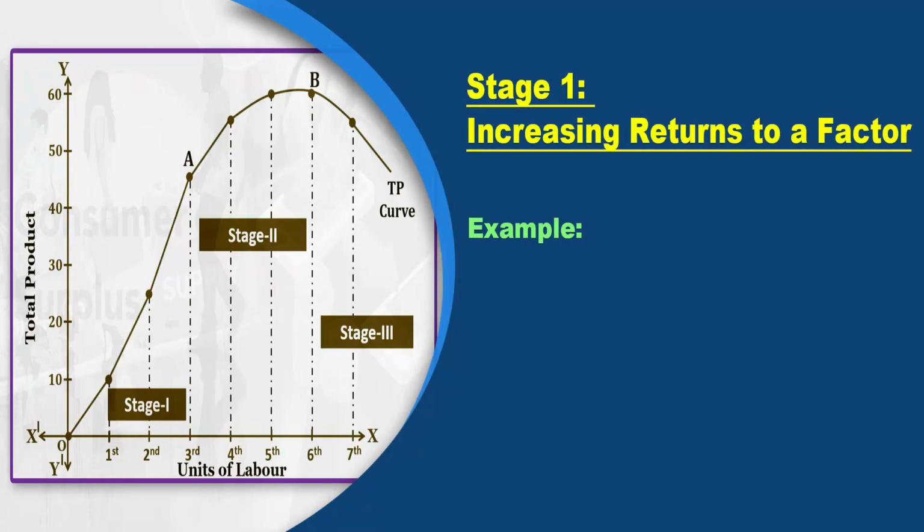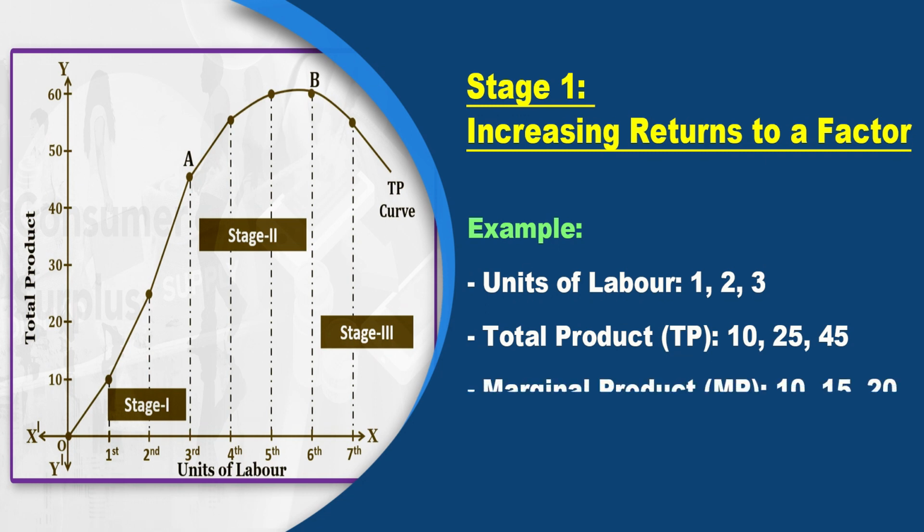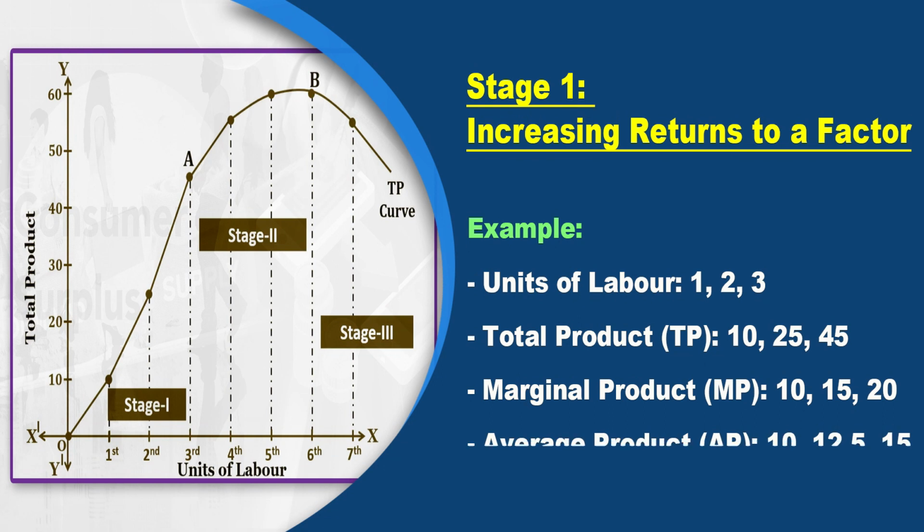For example, let's take units of labor as 1, 2, 3, that is there are 3 laborers employed. The total product corresponding to these units of labor is 10, 25 and 45 respectively. Against this, the marginal product is 10, 15 and 20 respectively, whereas the average product is observed to be 10, 12.5 and 15 respectively.